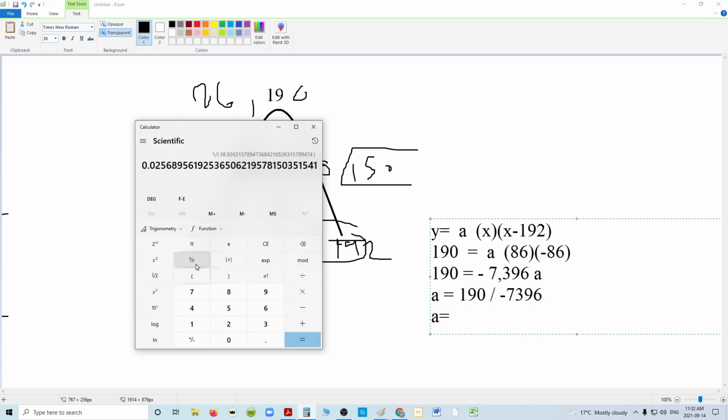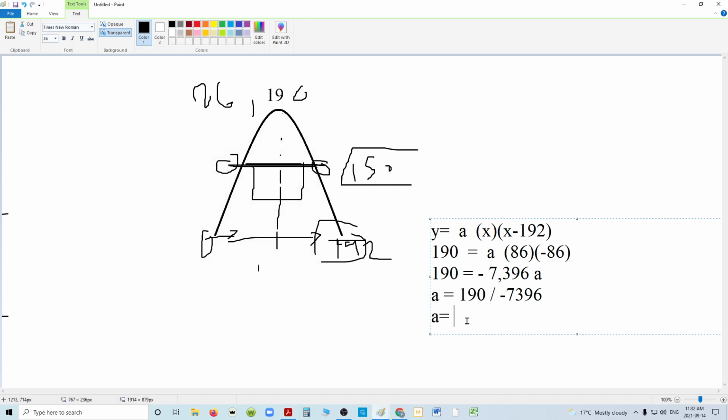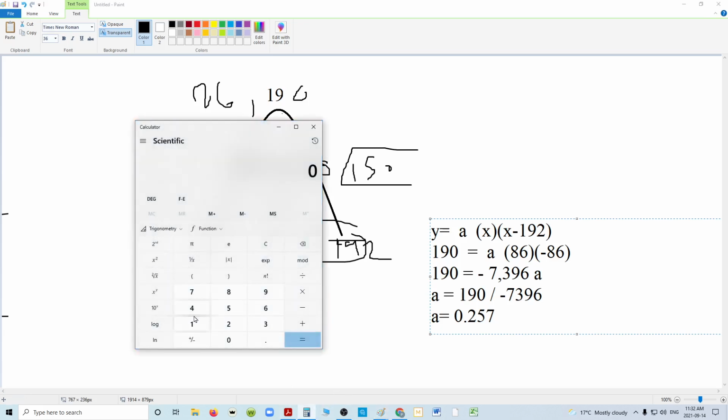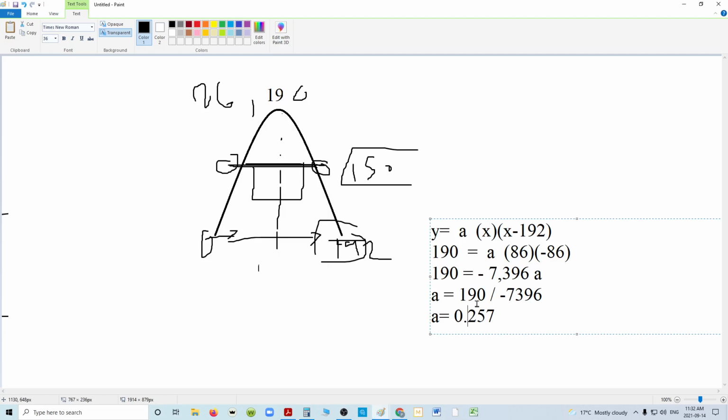There it is. So let's say 0.257, and it might have been even worse than that. Yeah, 0.0257. So suddenly I have my formula. I can put this up here, and boom.